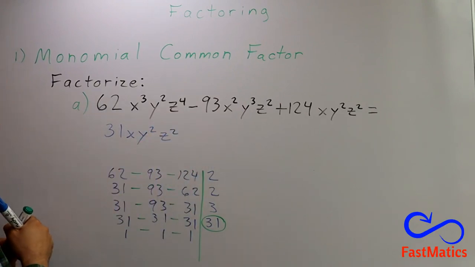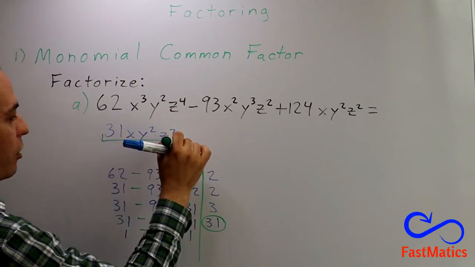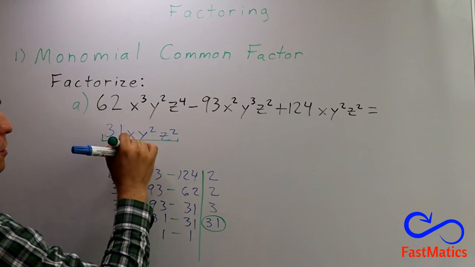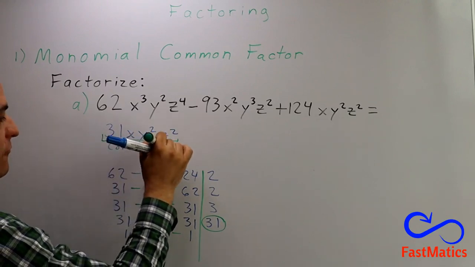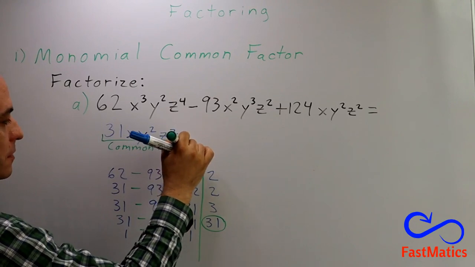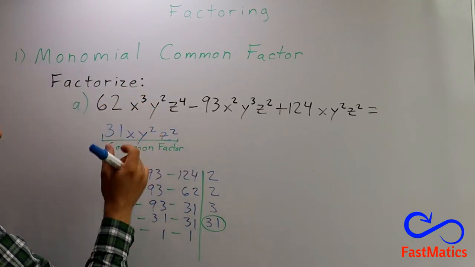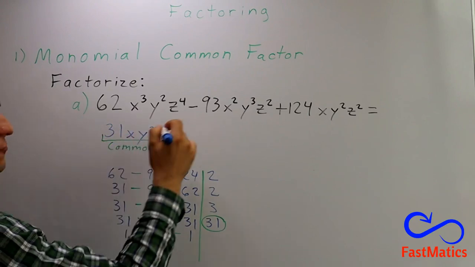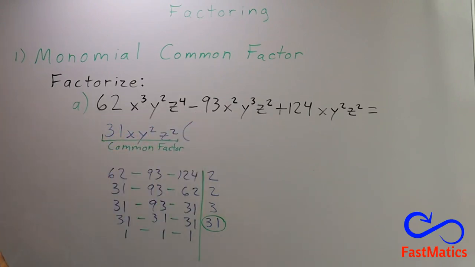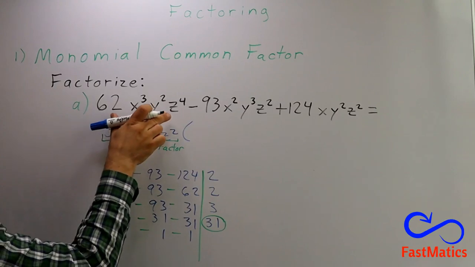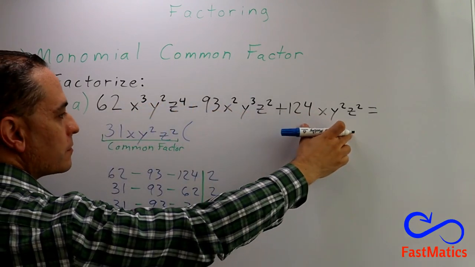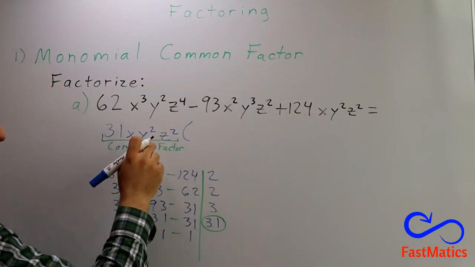Okay. This will be called the common factor. It's very important. And it is a monomial because I have only one term. After that, I open a parenthesis and I am going to divide each term by the common factor.